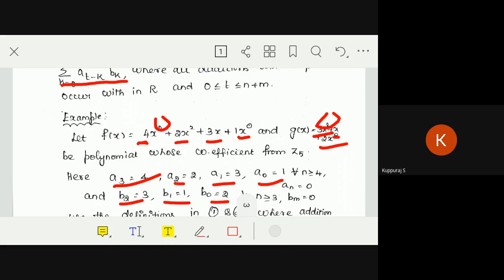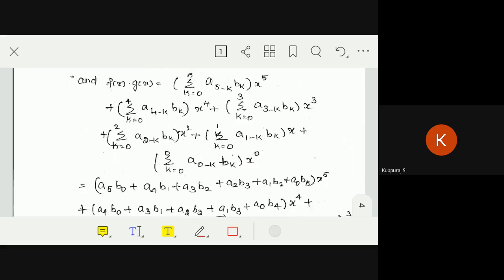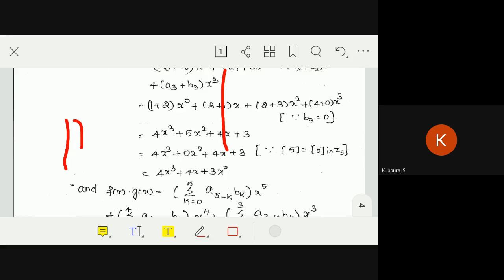So in the place of 5, I am replacing 0. So 4x cubed plus 4x plus 3x power 0. This is the addition of the polynomials f of x plus g of x under modulo 5.